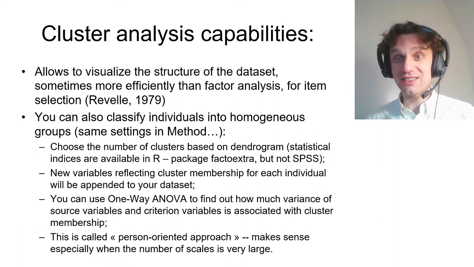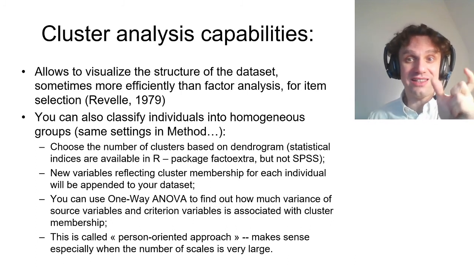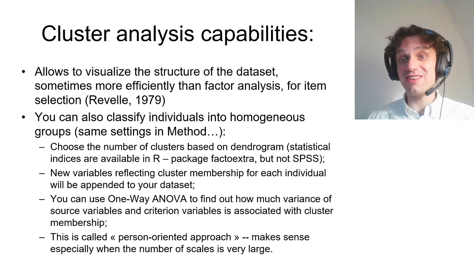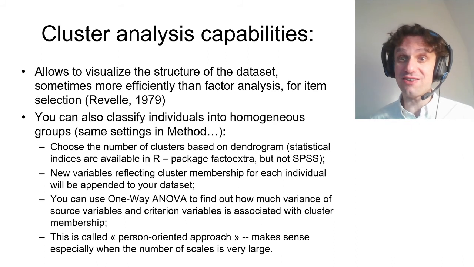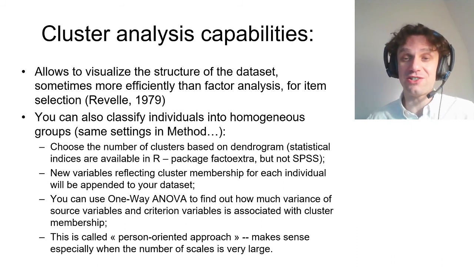And then you can use ANOVA to see if those clusters are different, how much variance they capture of the source variables, and you can look at eta squared to quantify it, and how much variance they explain in some other criterion variables. And this way you can establish some kind of external validity.